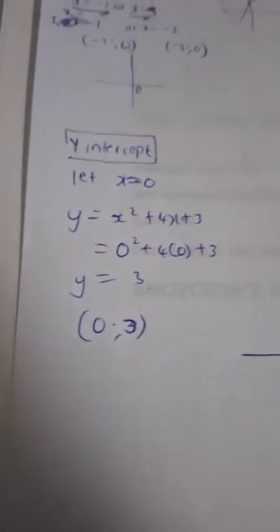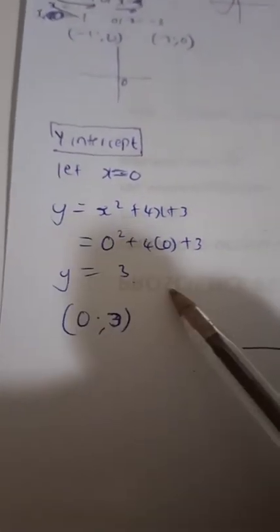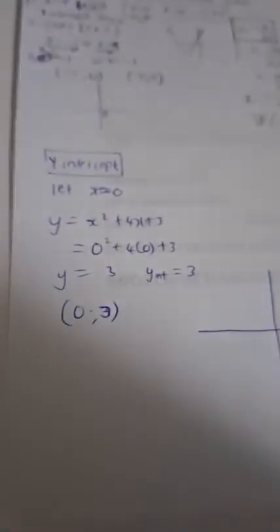They sometimes ask, what is the y-intercept? If they ask what is the y-intercept, you can simply say that the y-intercept is equal to 3. But if they ask you what are the coordinates of the y-intercept, then guys, this is what you need to make sure that you write.